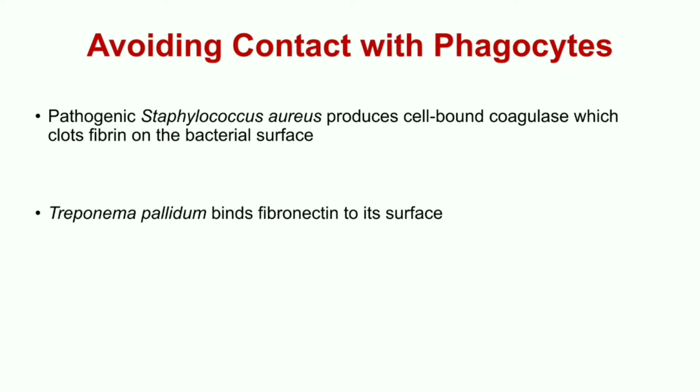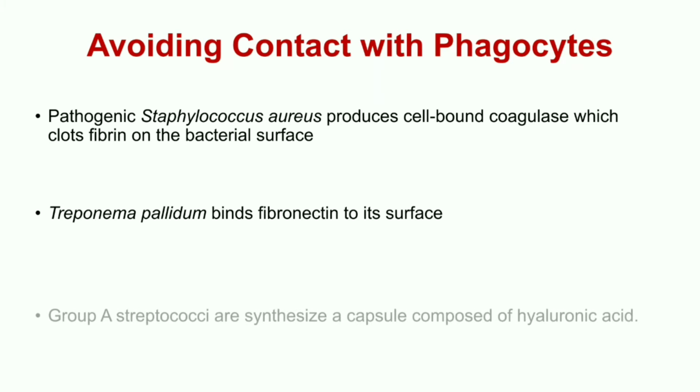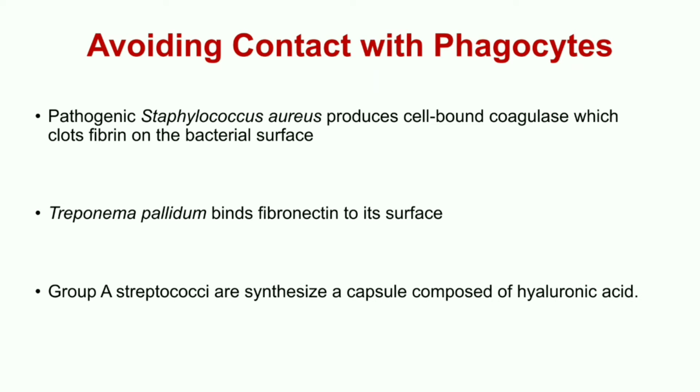Treponema pallidum binds fibronectin to its surface. Fibronectin is a component of the cell's extracellular matrix. Group A streptococci are known to synthesize a capsule which is composed of hyaluronic acid.